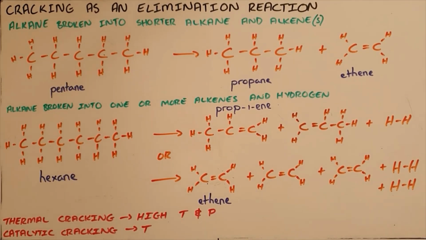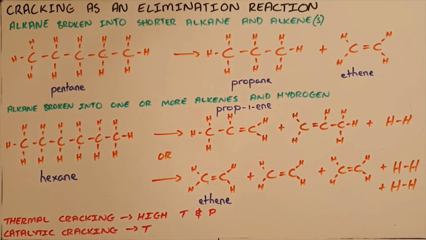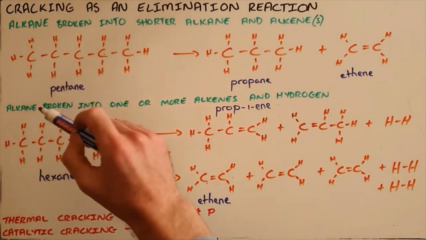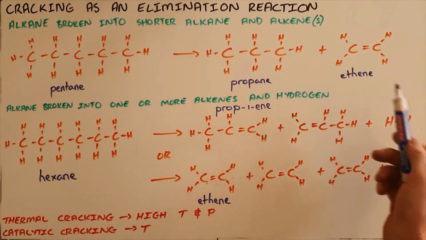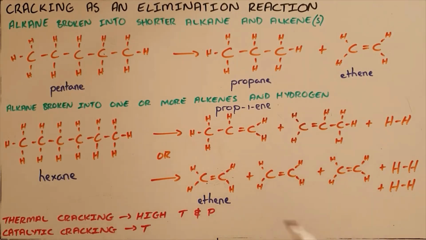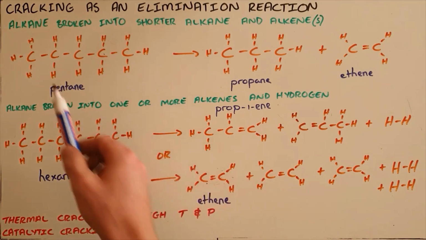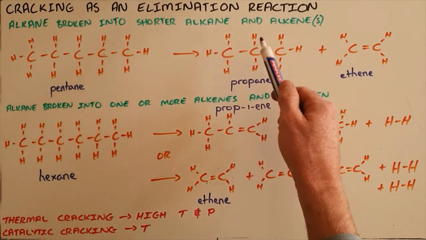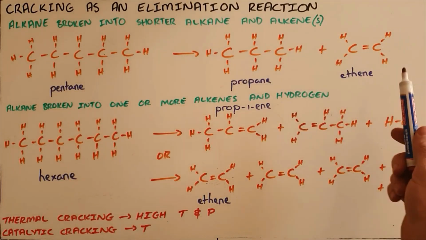Cracking is considered to be an elimination reaction because it sees us starting with a saturated compound and ending with 1 or more unsaturated compounds, which is roughly the definition for an elimination reaction. There are 2 types of cracking. The first type is where an alkane is broken into a shorter chain alkane and an alkene, or a number of alkenes.